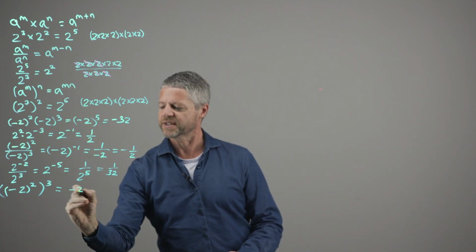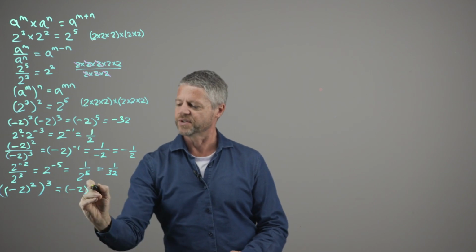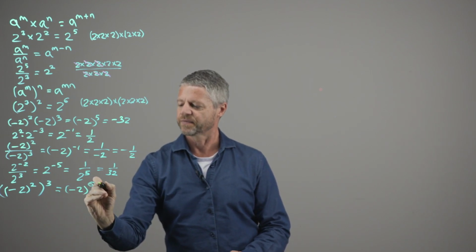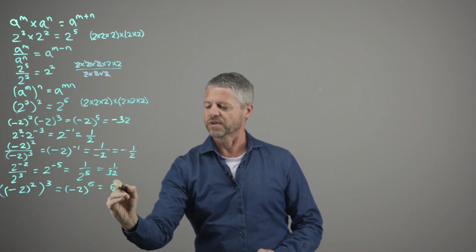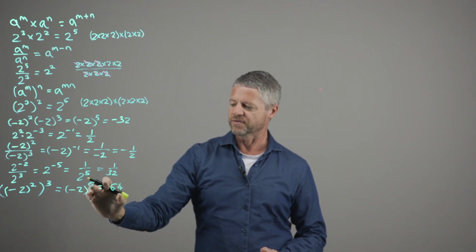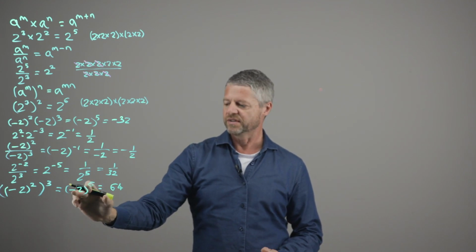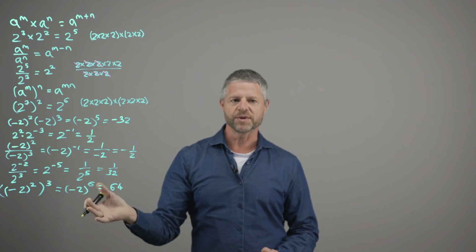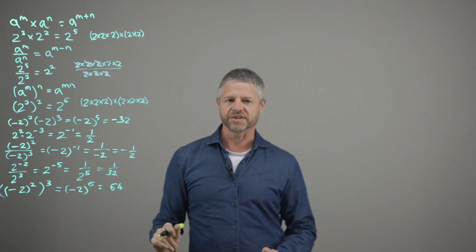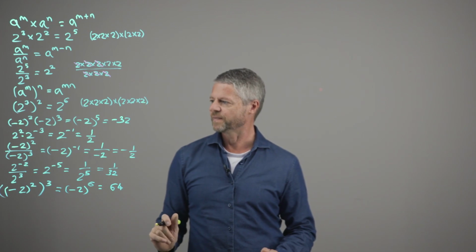So write down the base, multiply the exponents. So 2 times 3 is 6. And so now I've got 2 to the 6 is 64. And I've got an even exponent. So the negative sign, if I've got an even exponent, it'll become a positive. So that just stays up, plus 64.